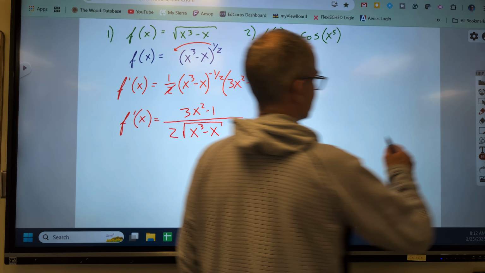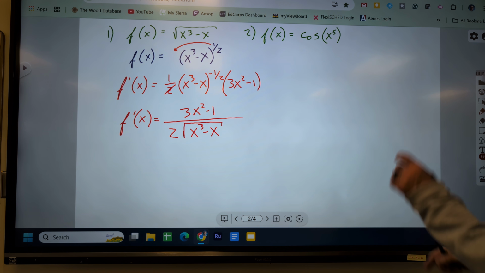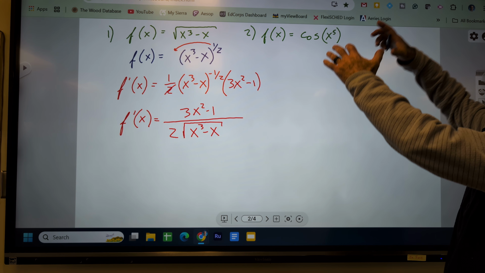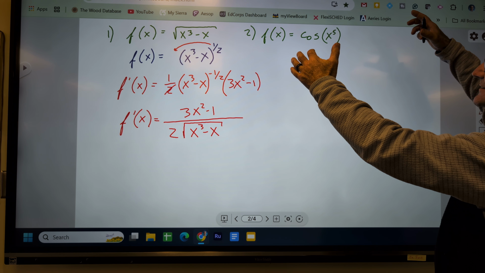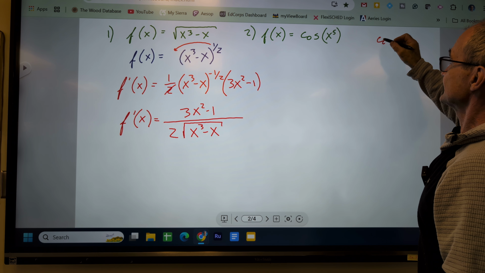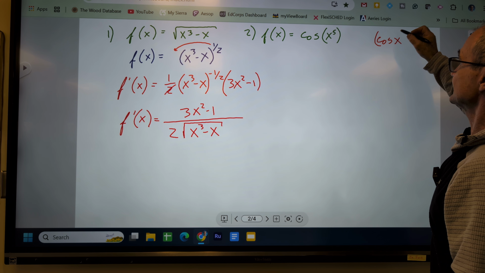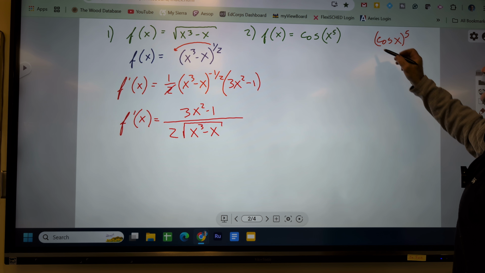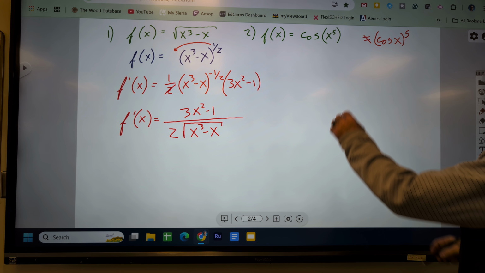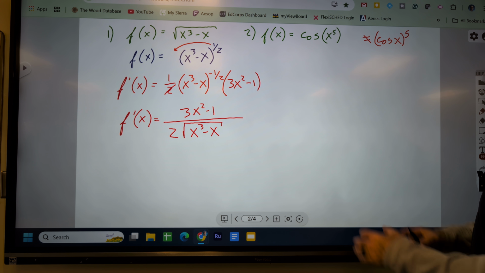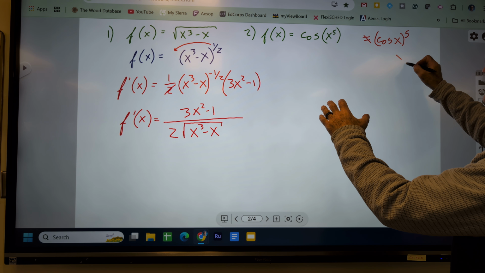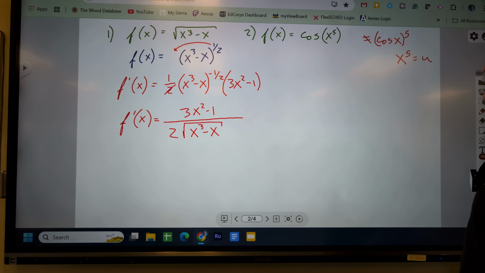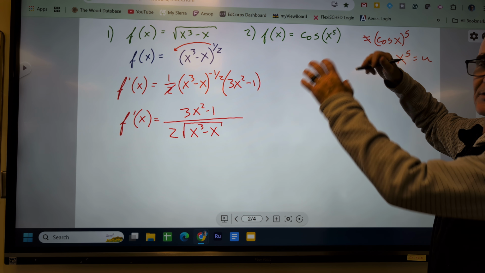Okay, problem number 2. One thing about number 2 here: this is not cosine x, quantity to the 5th. Cosine of x to the 5th is different from that. So I'm going to call x to the 5th my u term, and then I'm going to take the derivative of cosine of u.